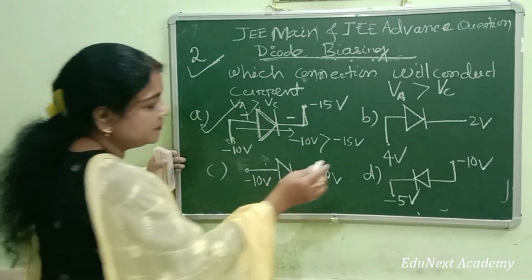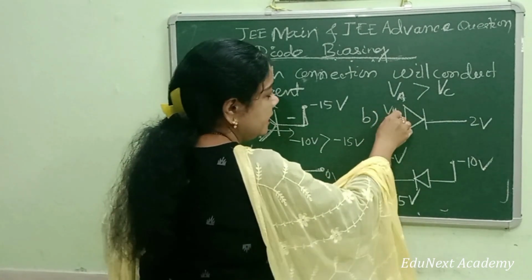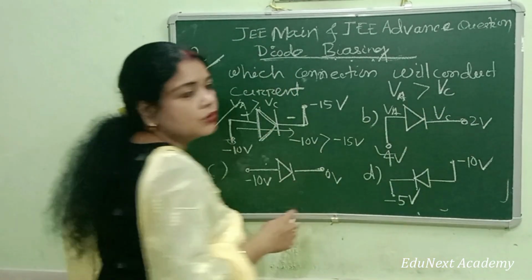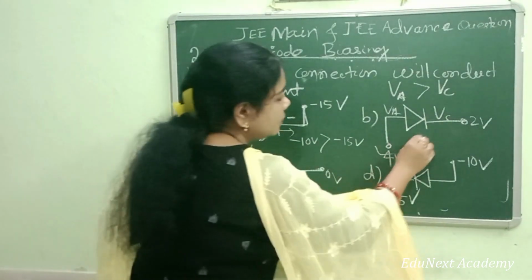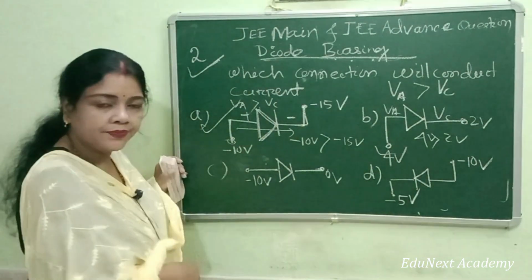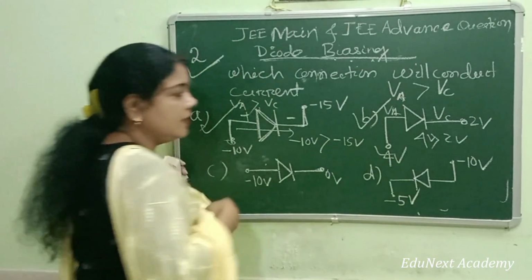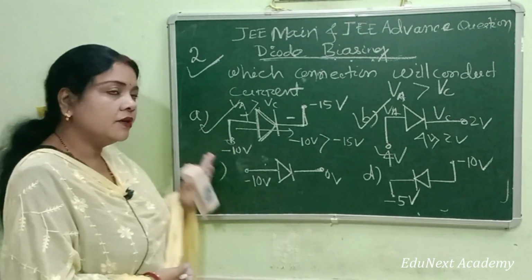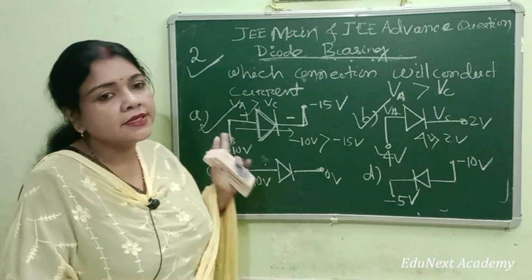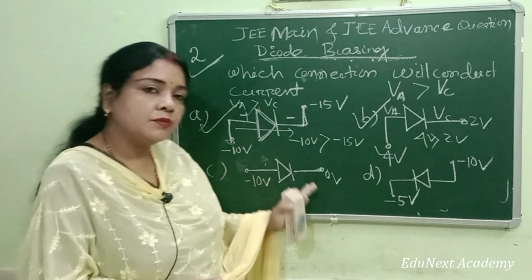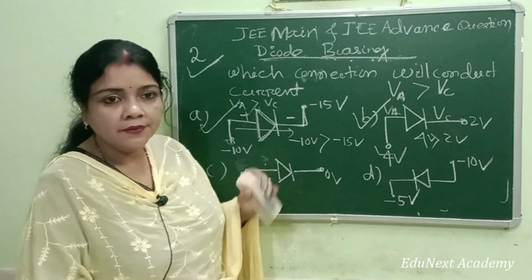Second, you see here VA is 4 volt and VC, that means the cathode voltage, is 2 volt. That means 4 volt is greater than 2 volt. So obviously option B is also a correct answer for conduction. You are not supposed to answer a single option. There may be multiple options which can satisfy the condition.